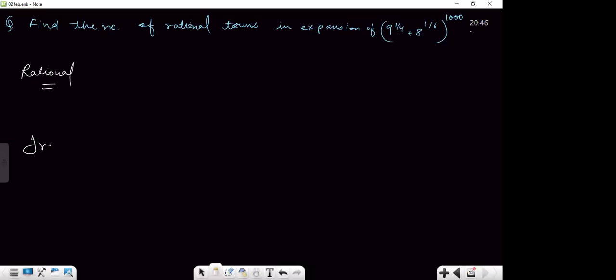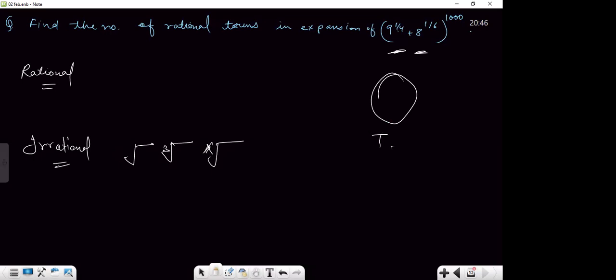So we better refer to irrational terms, which include terms having square roots or cube roots or powers in fractions. Here, if the power is a fraction, we'll call that particular term irrational. If the power is an integer, we'll call that term rational. That is the basic concept.